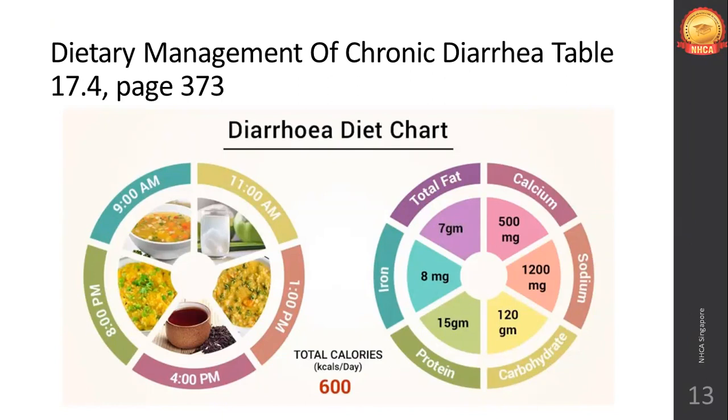Amylase is an enzyme. Usually the patients who suffer from diarrhea have trouble with digestion because of the absence of this amylase enzyme. For example, even in your saliva, you have salivary amylase.